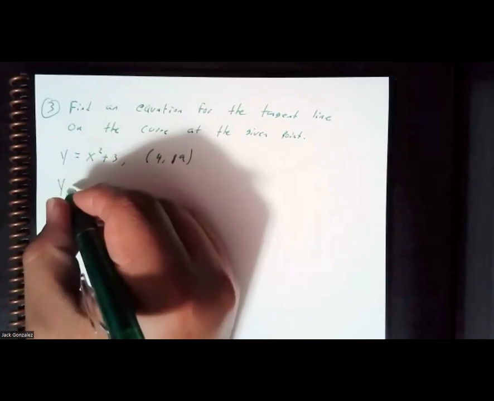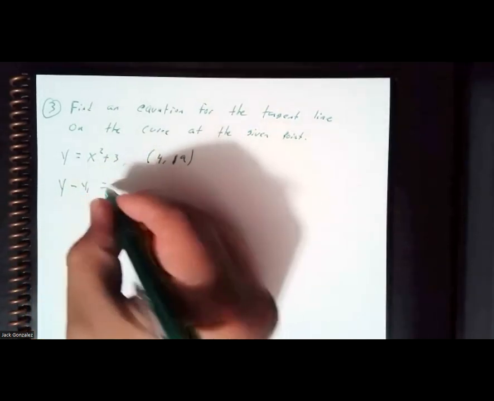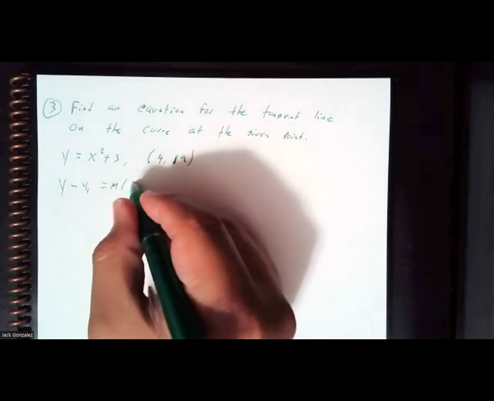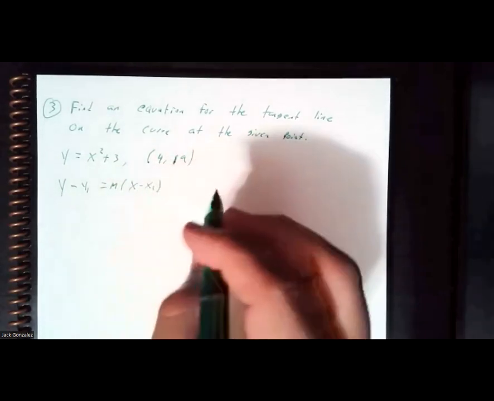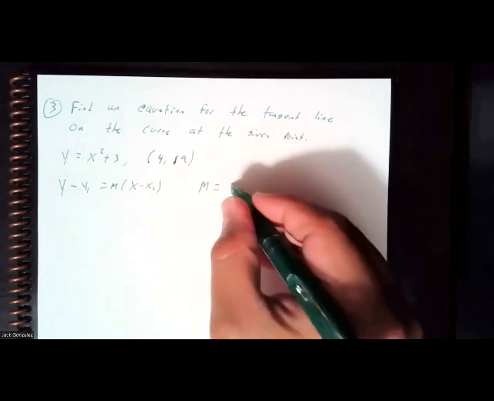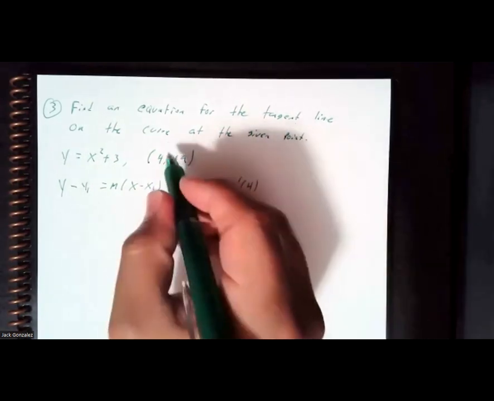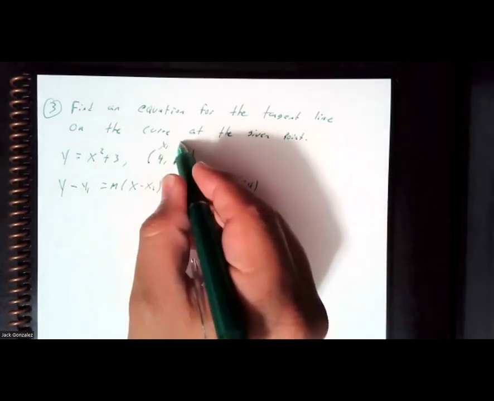Okay. So basically you're going to use the formula y minus y1 equal to m times x minus x1, except m would be equal to the derivative at 4. And this is your x1 and y1.